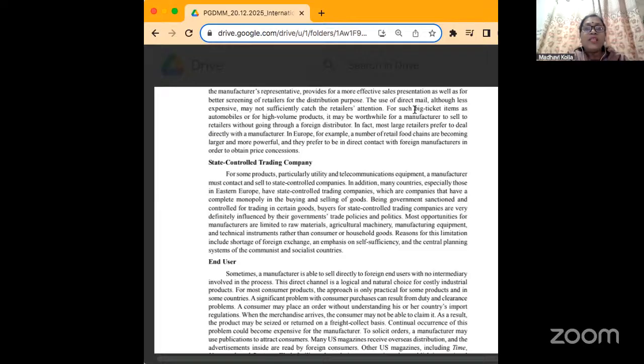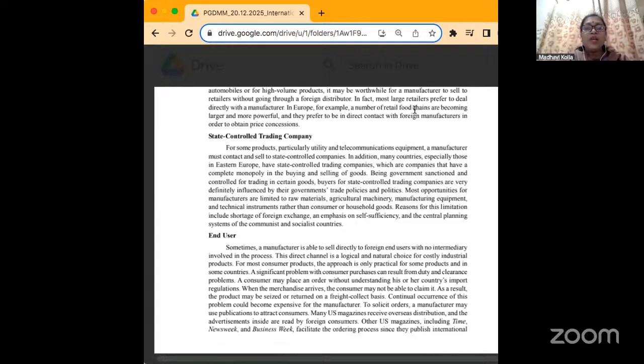When this kind of scenario occurs, the retailer is also very clear in wanting to partner with bigger brands, or where there are better margins, or where it is a big ticket item. That means the cost or volume of the product is high, or it is already a known brand, right?